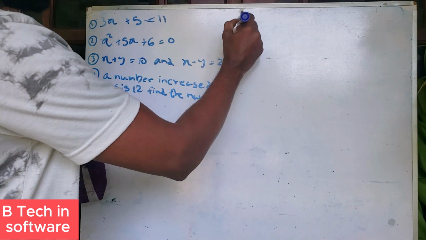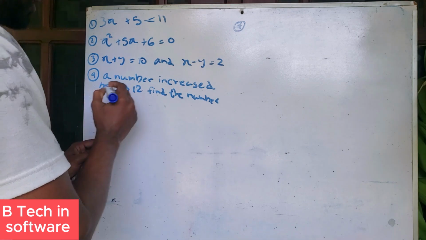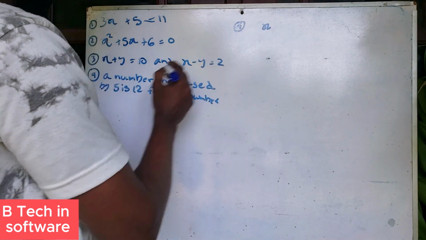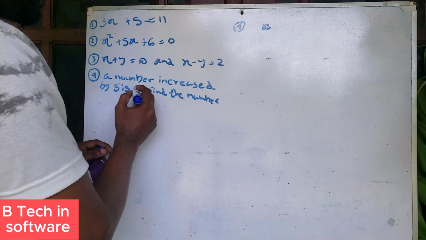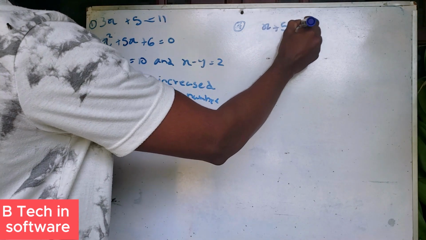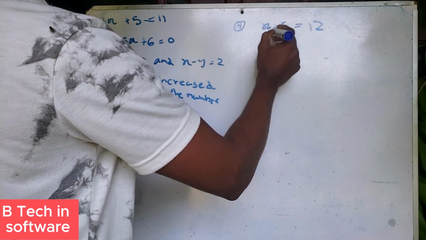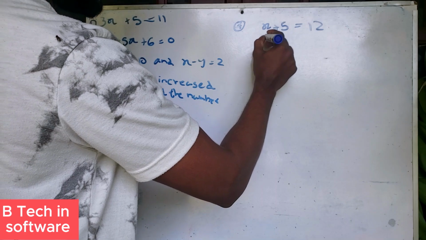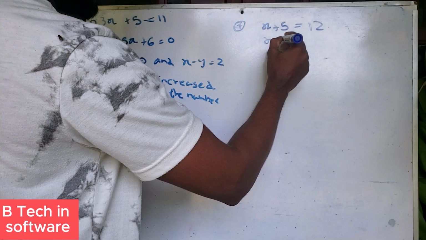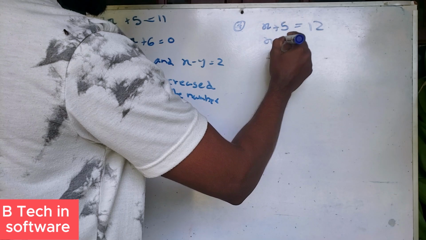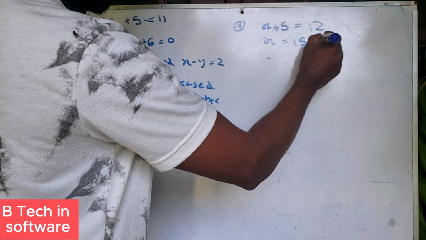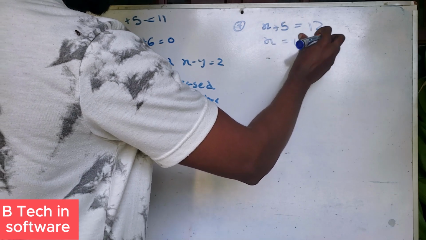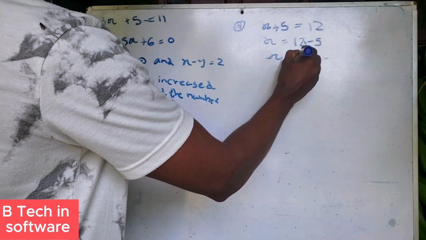Now the fourth one, a number is increased by 5, and the result is 12. Now you can find the answer for x. x plus 5 is 12, x is equal to 7.